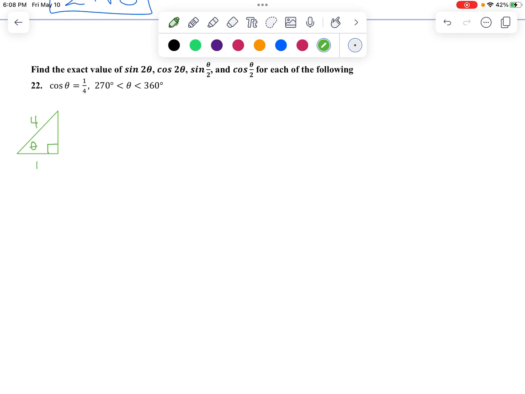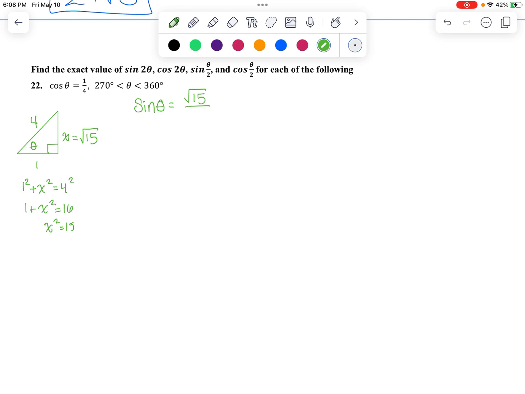So that means I'm going to make a right triangle to find sine. Cosine's the adjacent over the hypotenuse. So 1 squared plus x squared equals 4 squared. 1 plus x squared equals 16. X squared is 15, so this is the square root of 15.